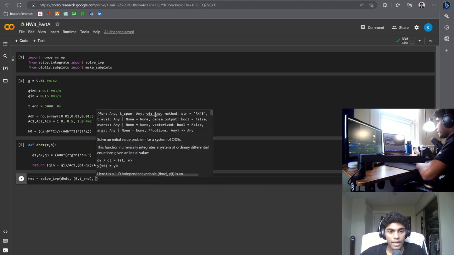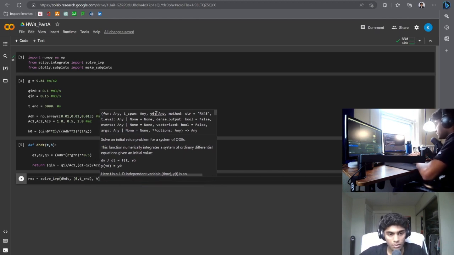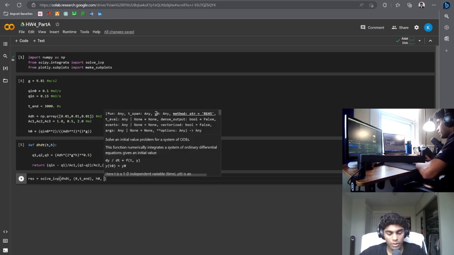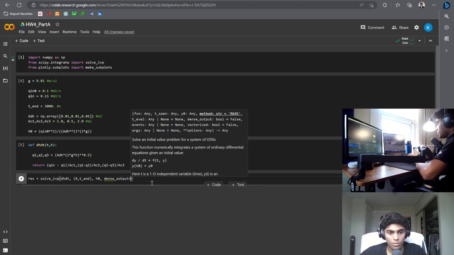We want an initial y value, so that's going to be our initial height. We're going to set dense output to true.